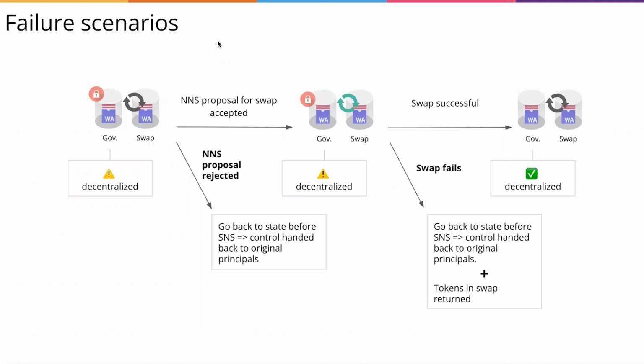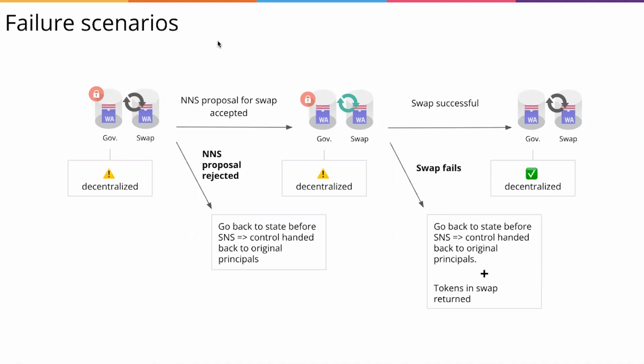We would propose that we clean things up, and that the state basically goes back to before the NNS creation. The control is handed back to the principals that controlled the DApp before they handed the control over to the SNS, to the proto-SNS.